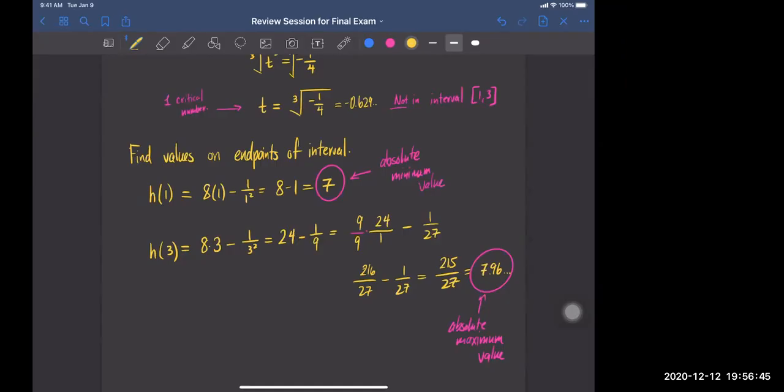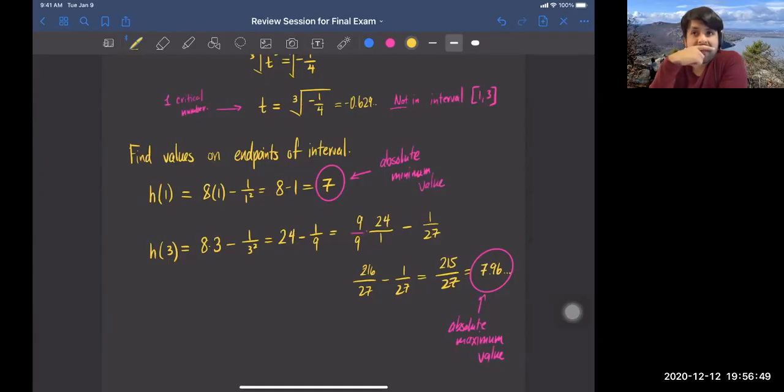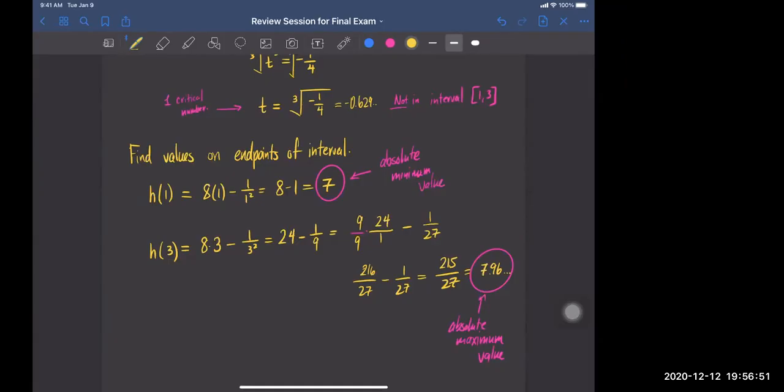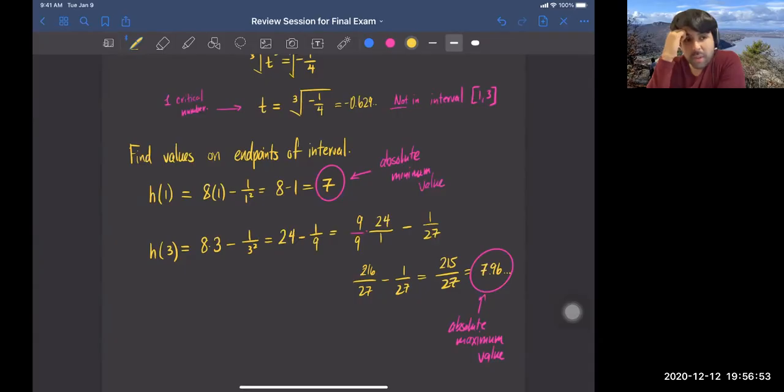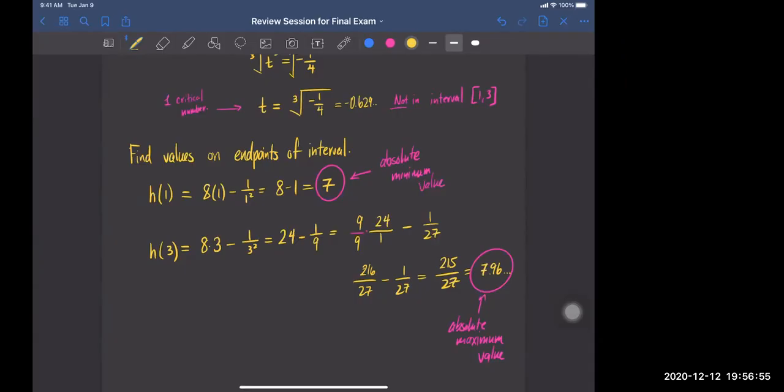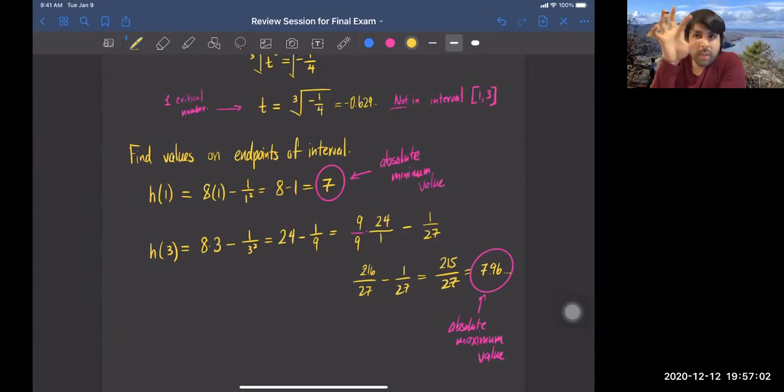What about inflection points? Oh, and implicit differentiation. That's another big one. Derivatives encompasses a whole lot.